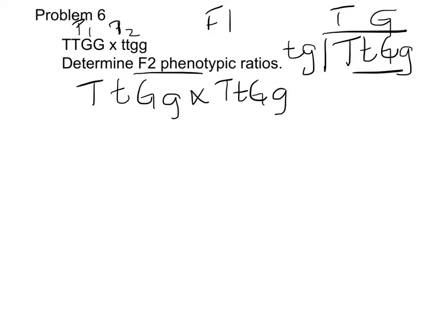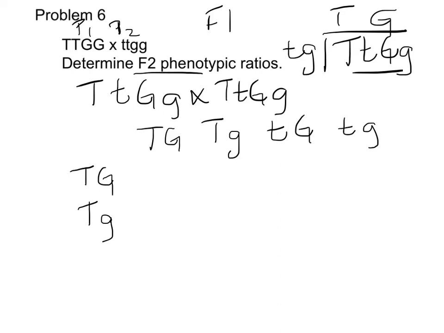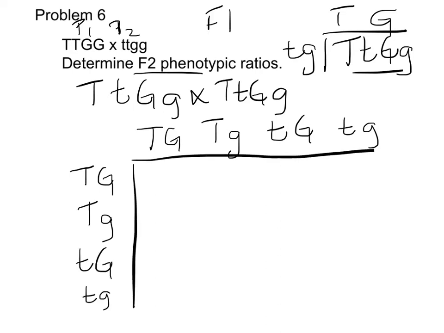So here, when we set up our Punnett square, we have all possible gametes that can form for both parents. And so this, for the first time, we're doing the full 16 square Punnett square.